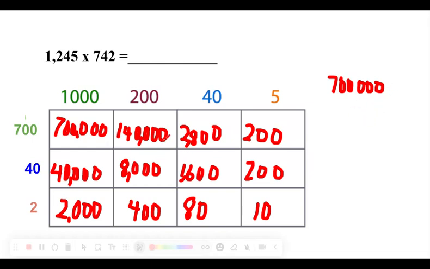I like to write backwards. So 4 zeros: 1, 2, 3, 4 zeros, and then my 4, because I want to make sure they are lined up. Because if you don't line them up right, your problem is going to come out wrong.